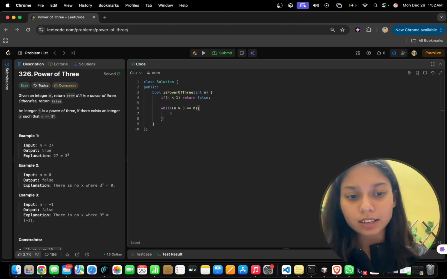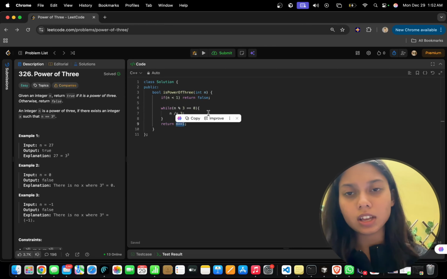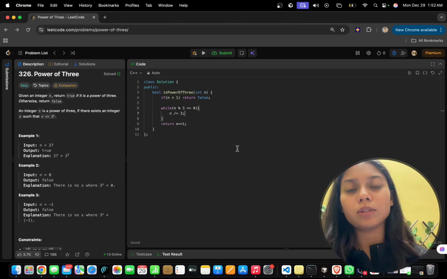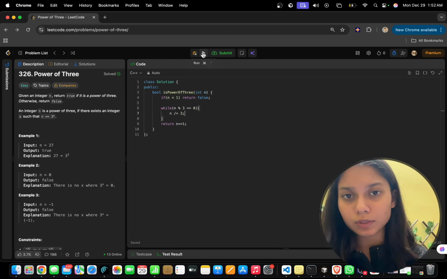And inside this, we are just going to tell our n to keep dividing, and then we're going to return n equal to 1. If this value is true, our function is going to return true, and if it's not, then our function will return false. So let's first run this.